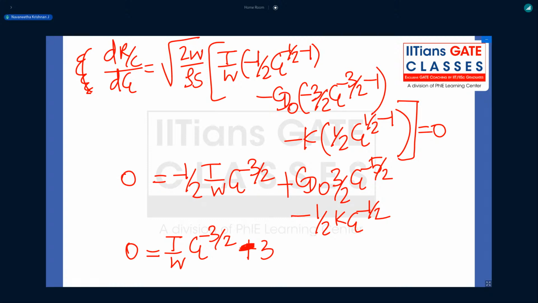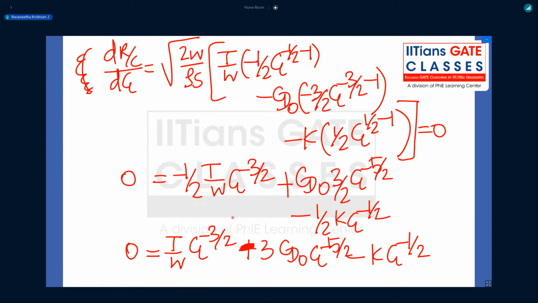So plus into minus will become minus 3 into CD naught into CL power minus 5 by 2. Because 2 I have taken on the other side, it has already become 0. Minus K into CL power minus 1 by 2.